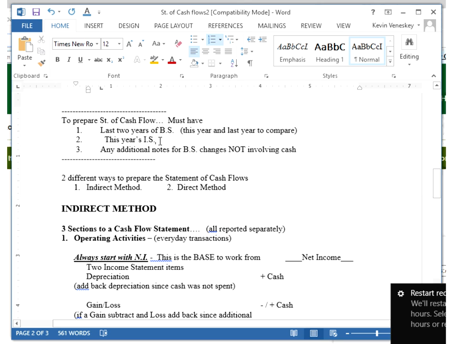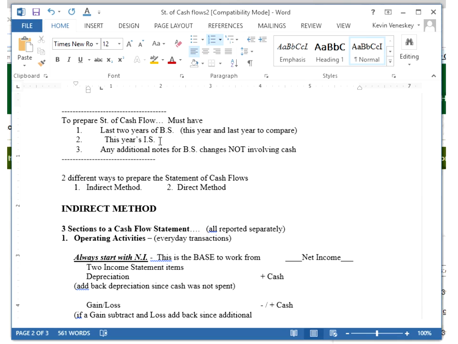We're going to need this year's income statement. Of course, we have this year's income statement because A, I need to know what the net income is. And B, I need to see there are two items that go on the income statement that never, ever involve cash. We've already discussed one of them, and that was the depreciation expense. Whenever I have depreciation expense, it does not involve cash in any way.